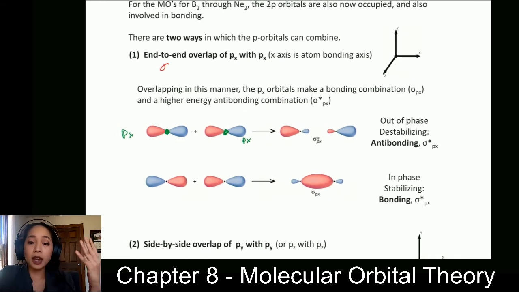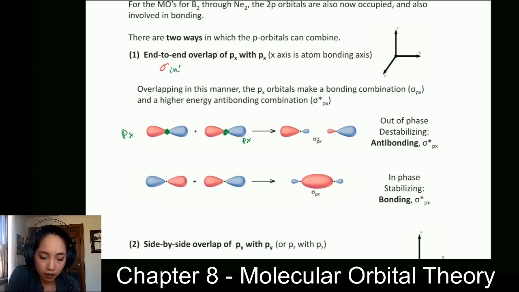But like all combinations of atomic orbitals, the number of atomic orbitals you put in equals the number of molecular orbitals you get out. So to describe these 2 p orbitals interacting, we have to produce 2 molecular orbitals. In this case, you see it's head-on, so it's a sigma interaction.